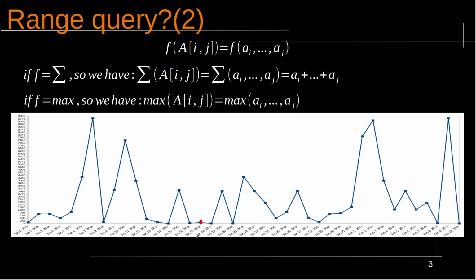Of course, the range query will be different here. If we update this value like this, now the range from here to here will change. Now the maximum in this range will change to this one.